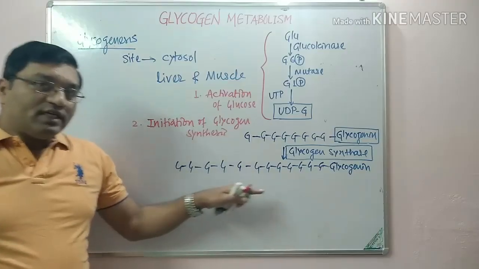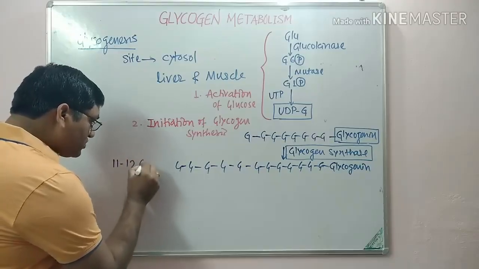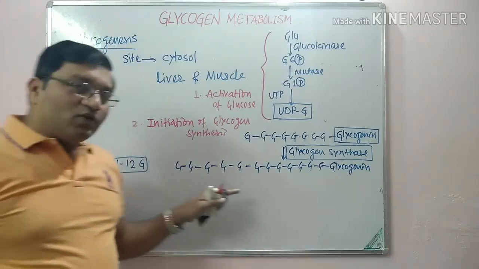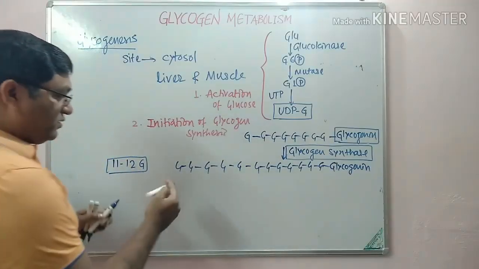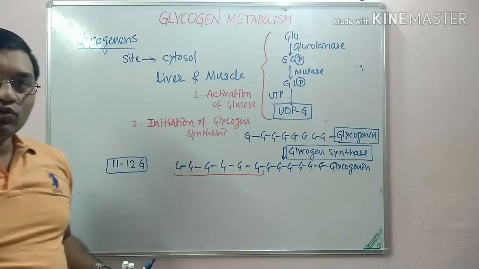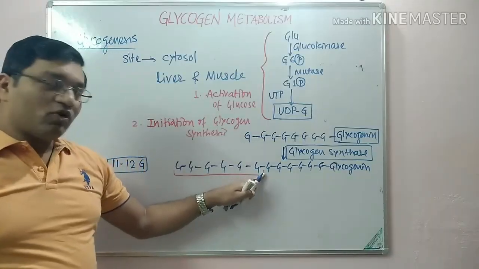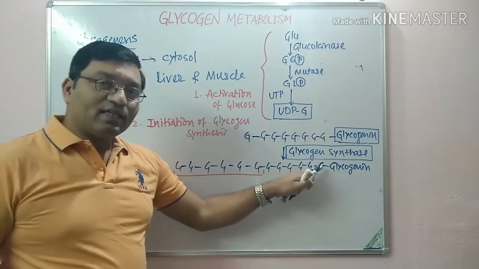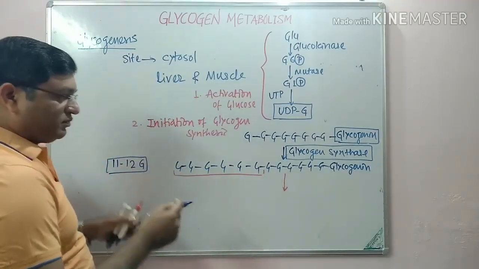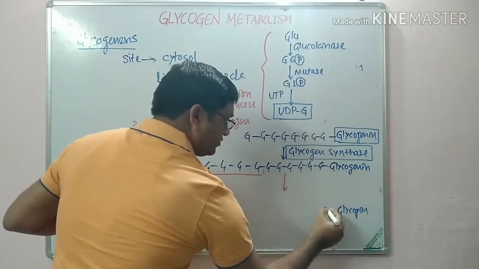Now when the glucose chain is long, up to 11 to 12 glucose residues, then 6 to 8 glucose molecules from this chain get detached from the linear glycogen molecule and get attached to another site.